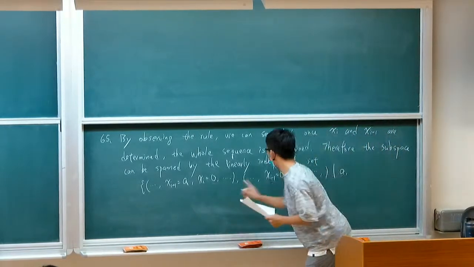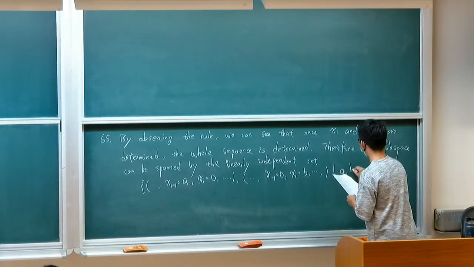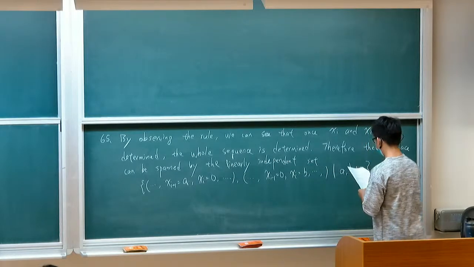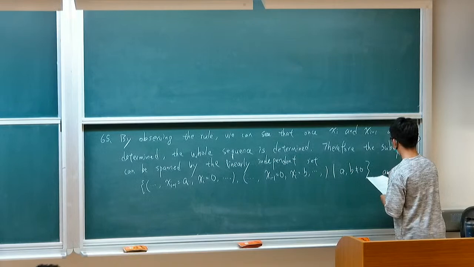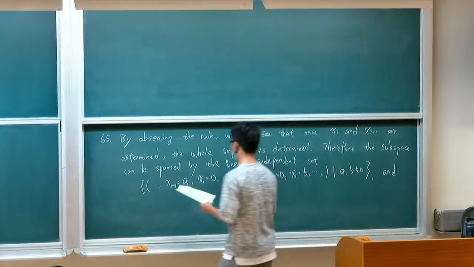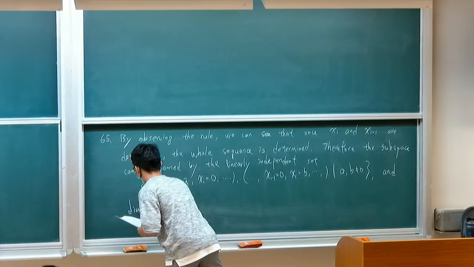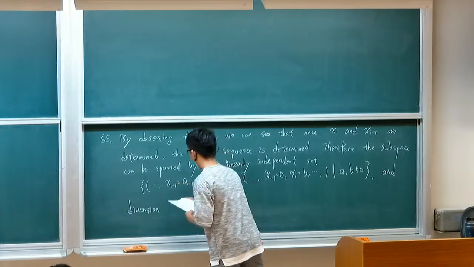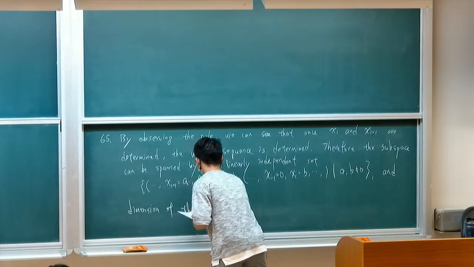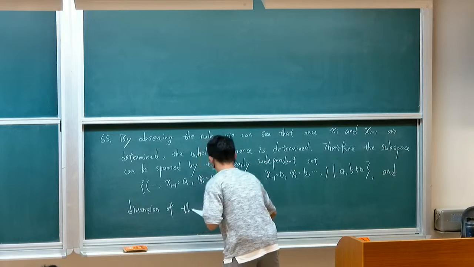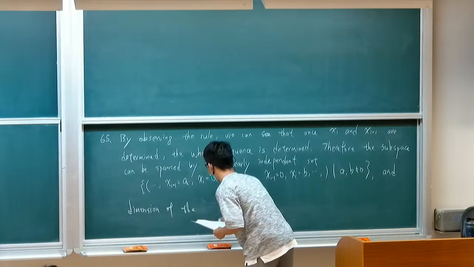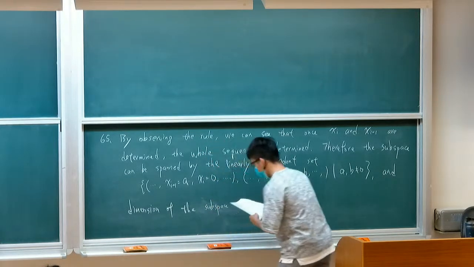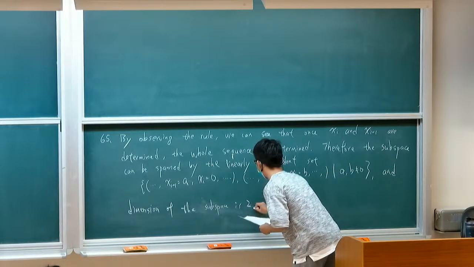Note that a and b are both not 0. So the dimension of this subspace is 2.